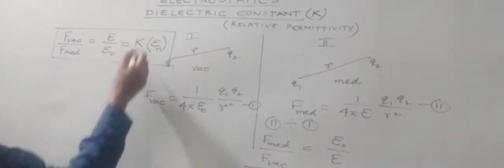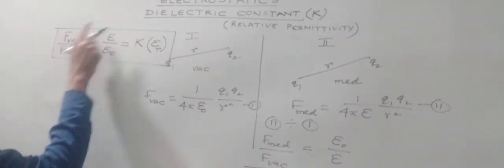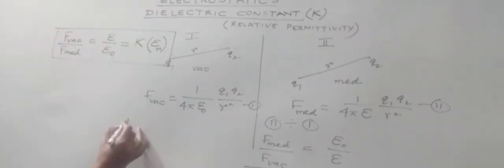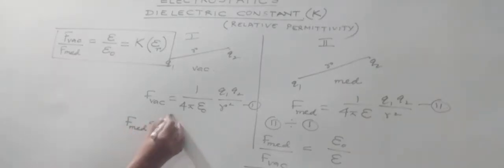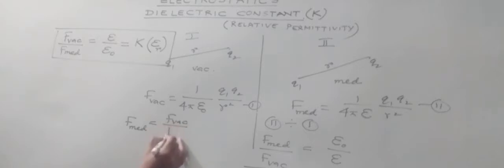Let's consider some examples. We can rewrite this expression in this manner as well. F medium may be written as F vacuum divided by K.